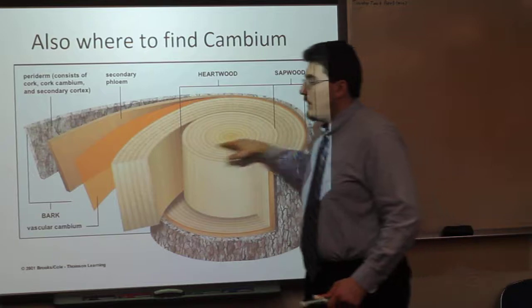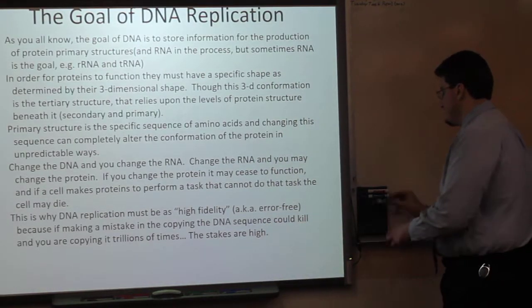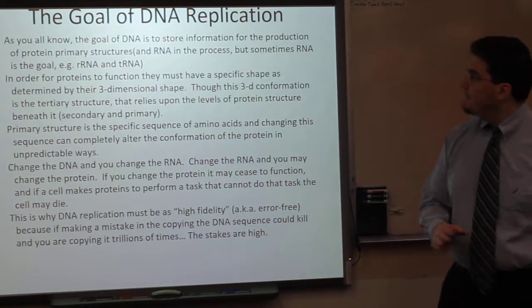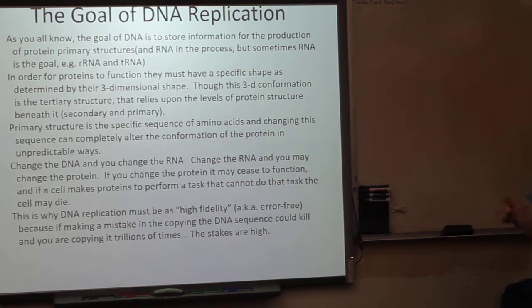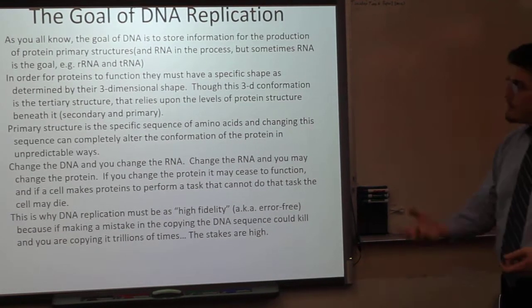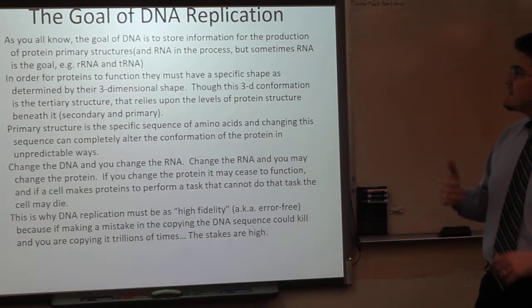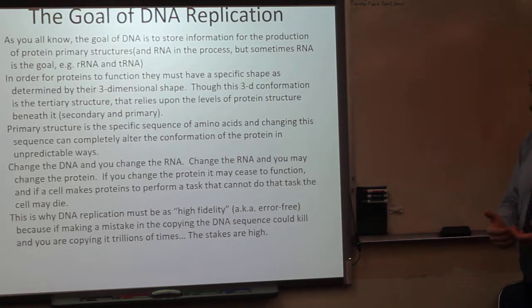Now, the goal of DNA replication. The goal of DNA as a whole is to store information for the production of primary protein structures. RNA is in that process, but RNA is also sometimes the goal, for example, for rRNA and tRNA.